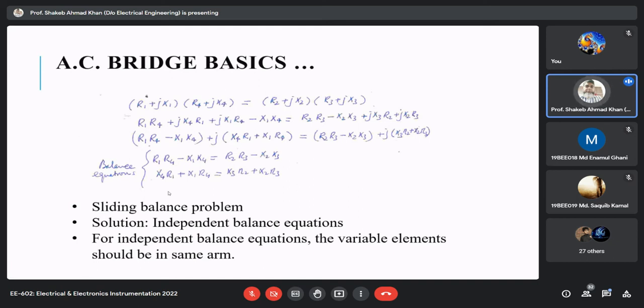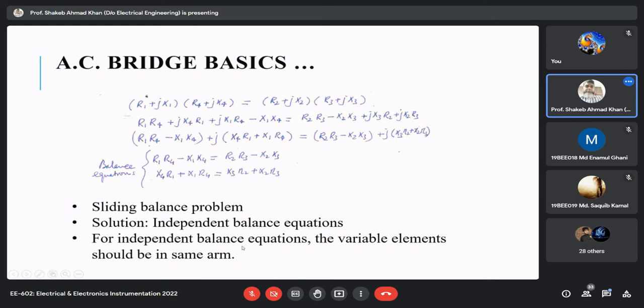So what is the meaning of independent balance equation? Means what is the sliding balance problem? And with independent balance equations, we can tackle this sliding balance problem. And how can we get independent balance equations?